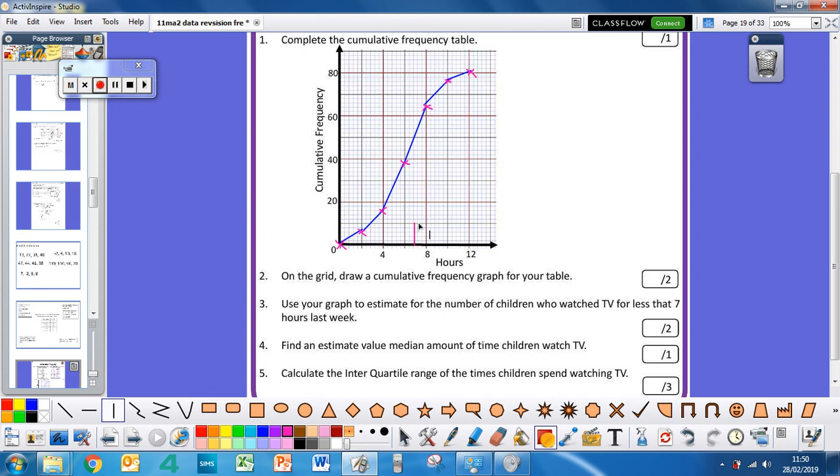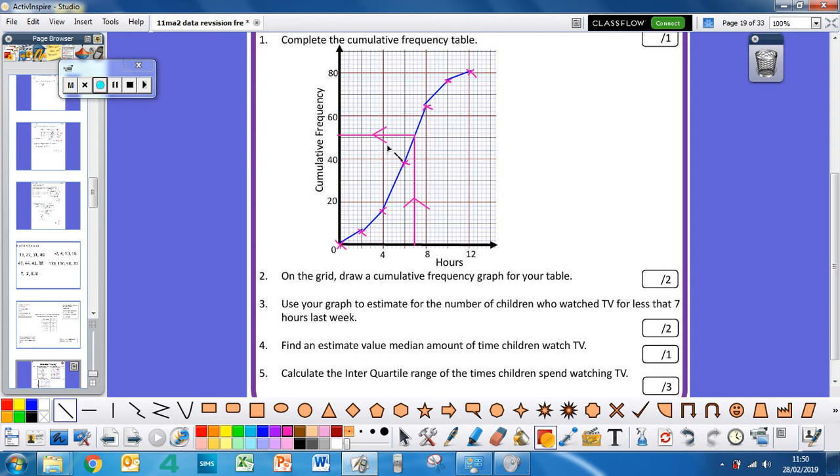If you read up from 7 up to that graph there, you're going to get to about here. You read across from that, if I'm quite accurate with that, it would be around about there. And it's good to draw arrows on this to show how you've gone up and across. That could get you a method mark in the exam.